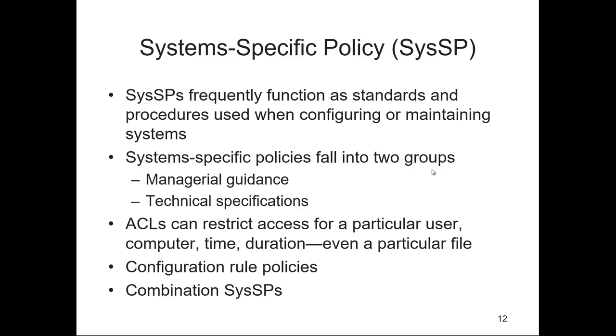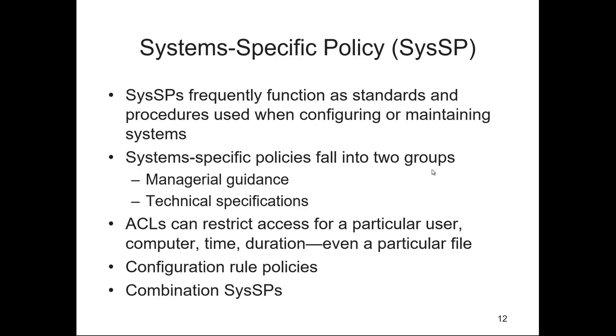The first group is access control lists, or ACLs, which consist of the access control lists, matrices, and capability tables governing the rights and privileges of a particular user to a particular system. And then the second one is the configuration rules, which comprise the specific configuration codes entered into security systems to guide the execution of the system.